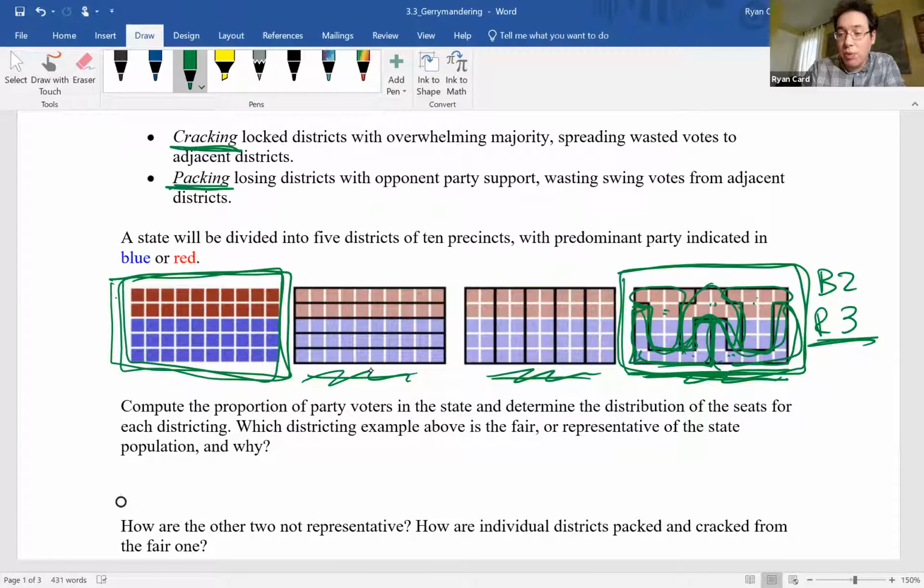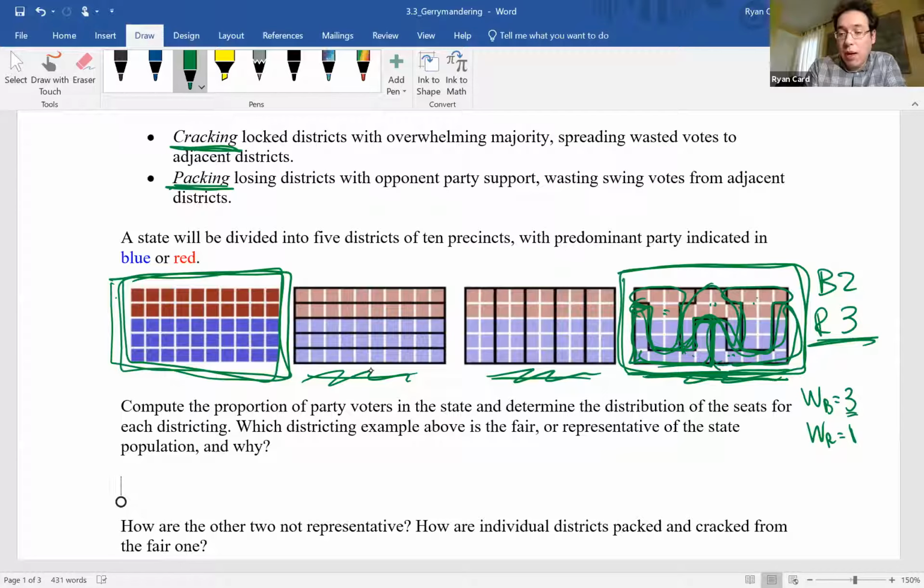So blue wasted 3, because there were 9 votes cast but only 6 were needed. On the red side, there was only 1 square, so 1 vote was wasted. It was wasted because they did not win the representative they wanted.